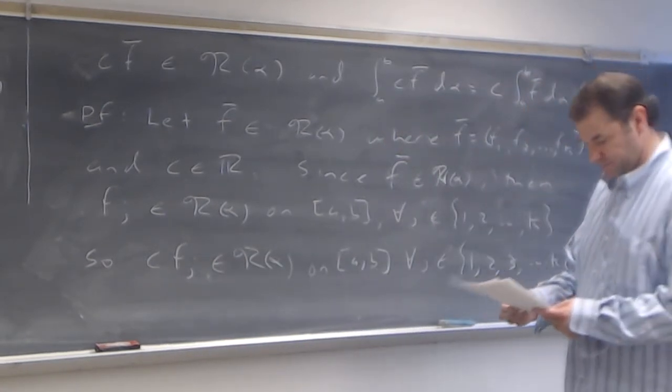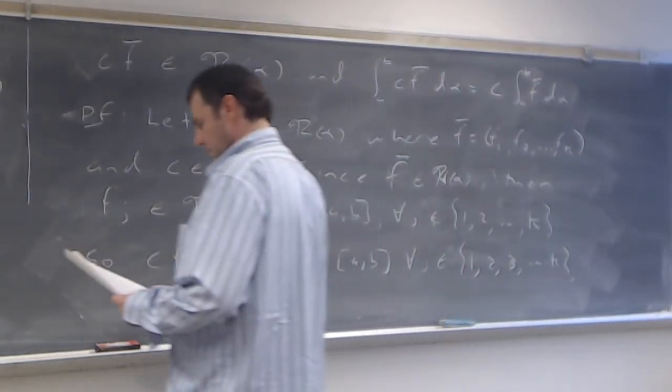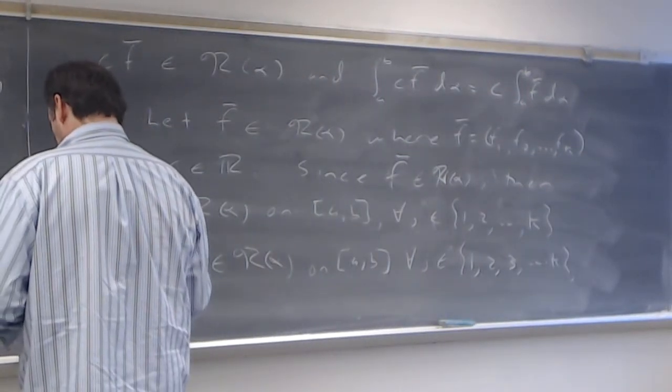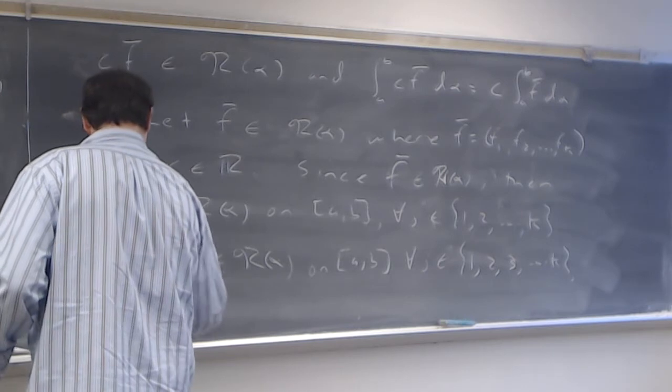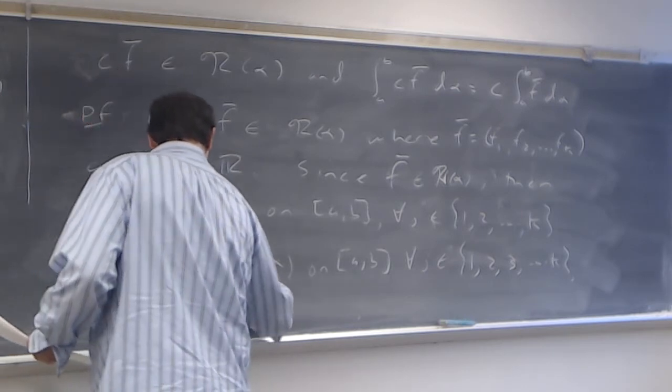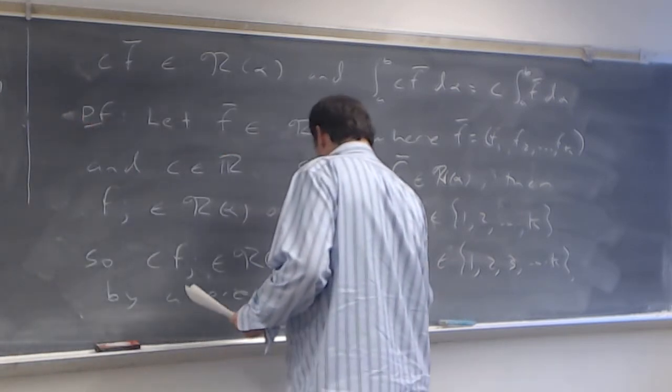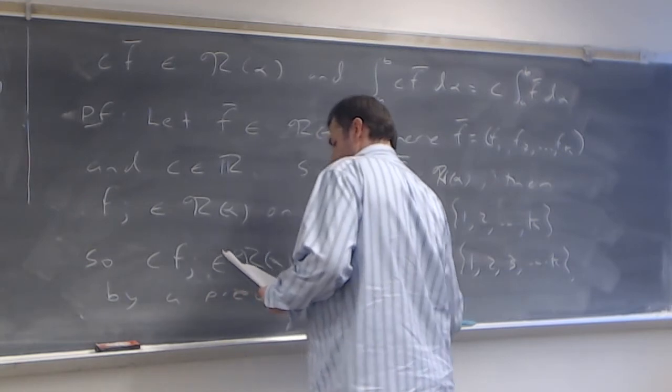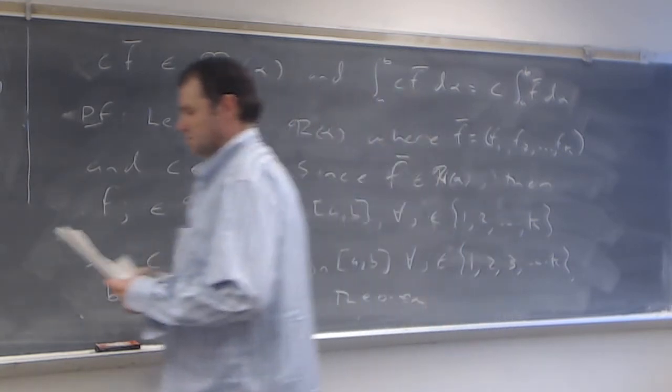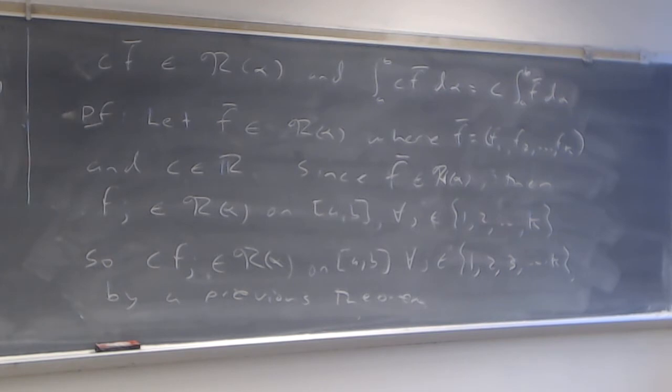And not only that, so this is by a previous theorem. And by that same theorem, we're going to get the result we want, the completion of the result we want.